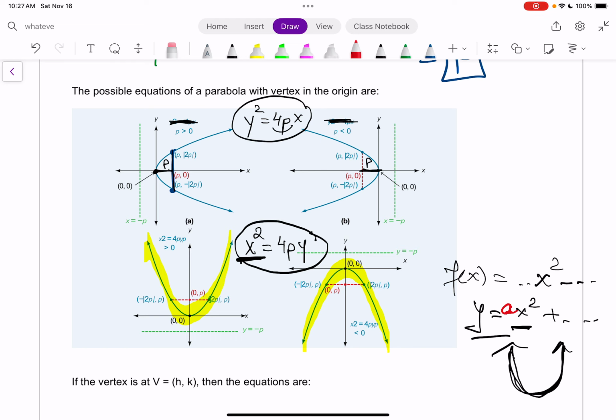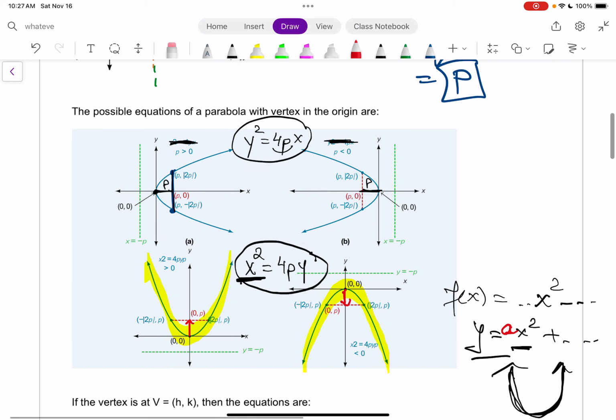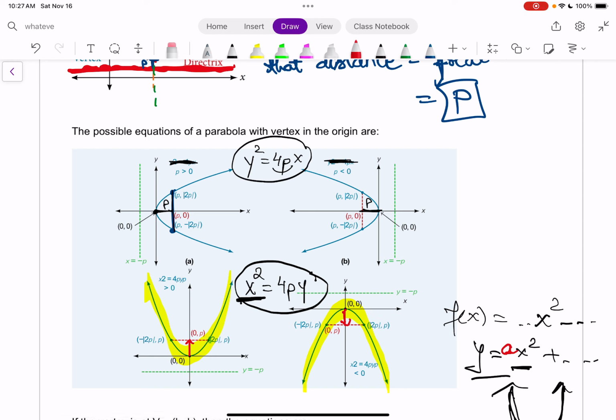So it's going to matter if p is positive or negative. We're going up or going down to find that focus. Now, if the equation of the parabola has y being squared, then you don't have a function. With y squared, you get two solutions for y on any x that you plug in. So if y is squared but not x, you don't get a function, and your parabolas are going to open sideways.